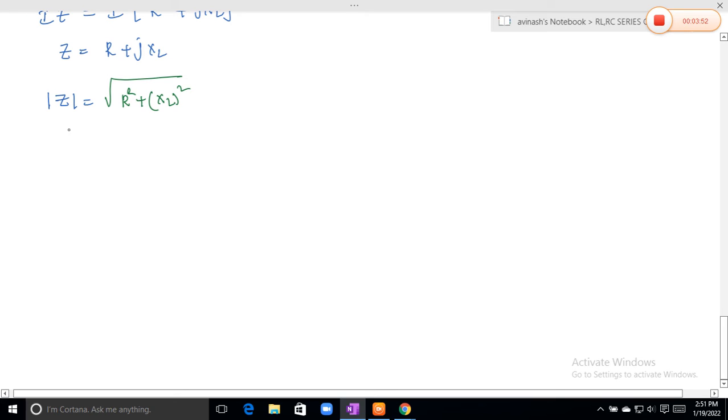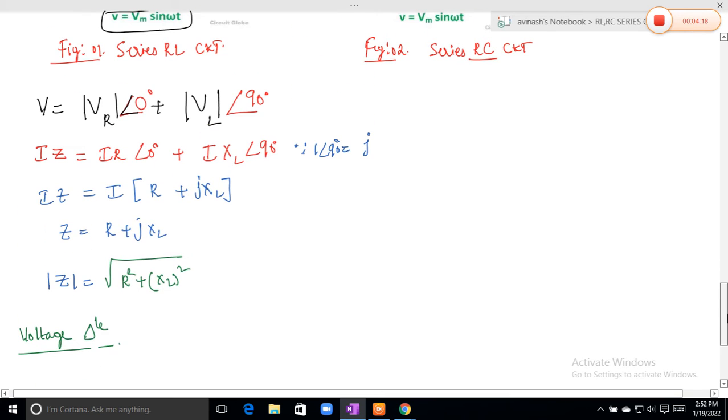Now let us draw the voltage, impedance and power triangles. The voltage triangle will be this way. If you take the resistance as a reference here, how will VL be?